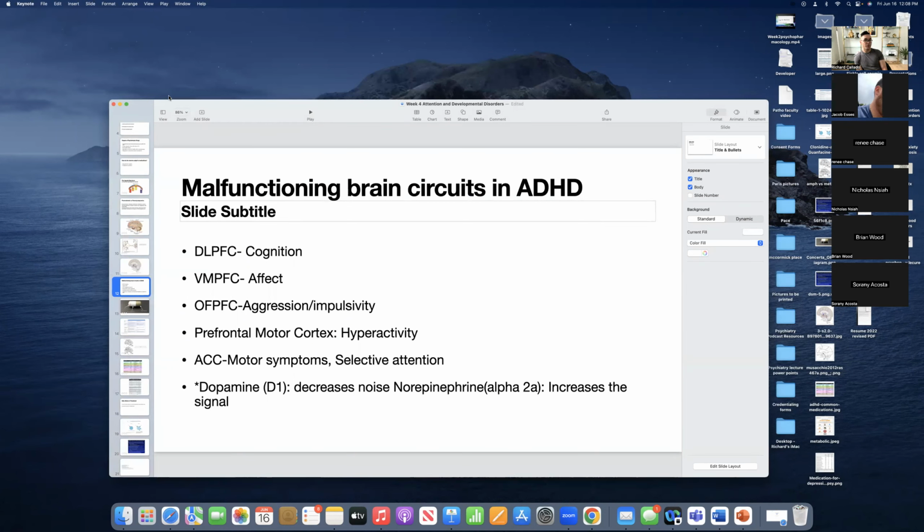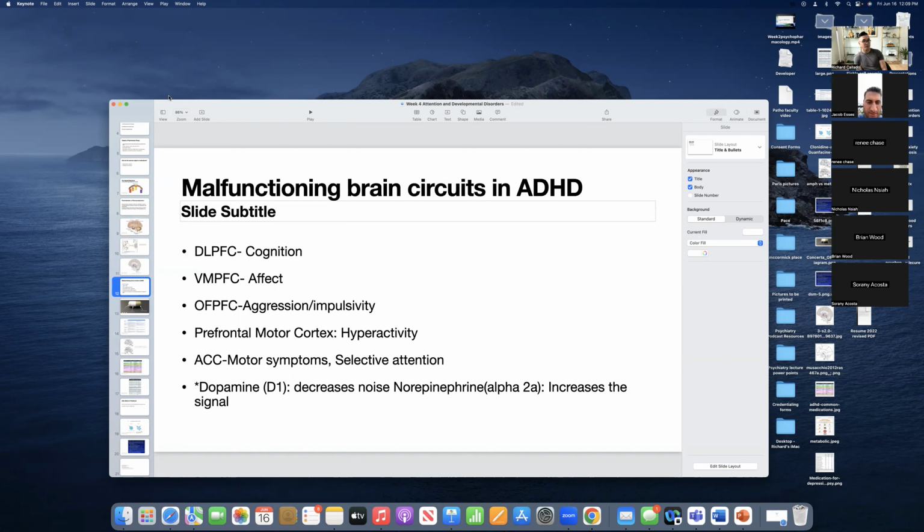OFPFC stands for orbital frontal prefrontal cortex, and that has to do with aggression, impulsivity. That's also implicated in mania and schizophrenia. Prefrontal motor cortex is motor hyperactivity. Can't sit still, they gotta move around a lot.